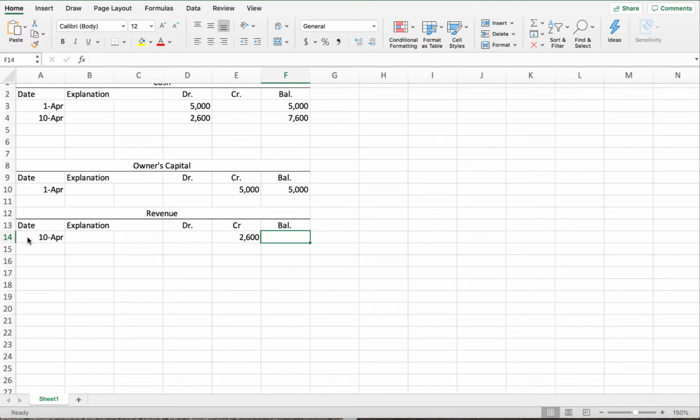I now need to calculate my balance, right? So I'm just going to say equals whatever data is in E14. So the way we read this is on April 10th, we had a credit to revenue for $2,600. The balance after this transaction is $2,600.